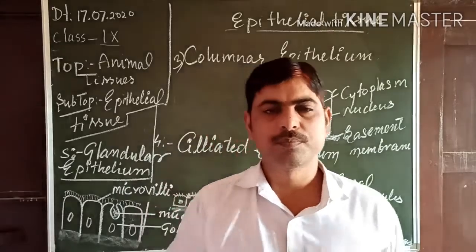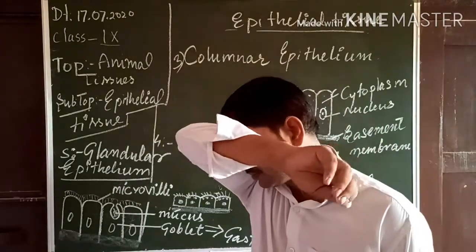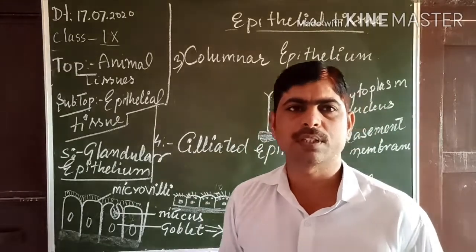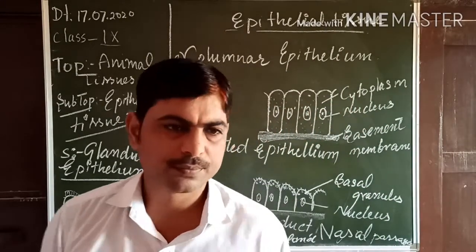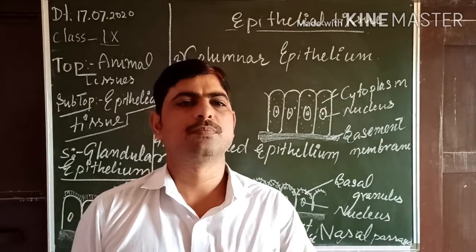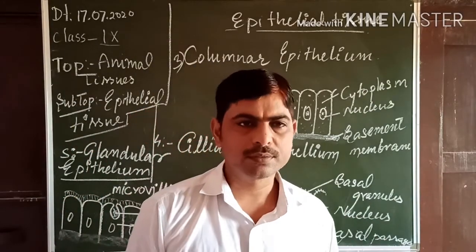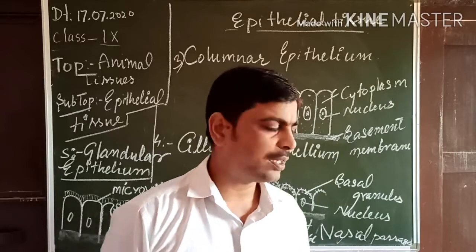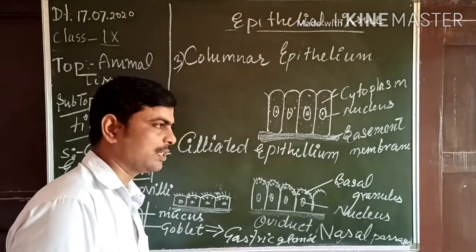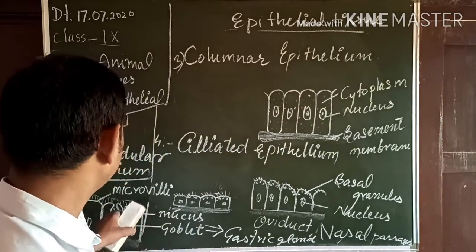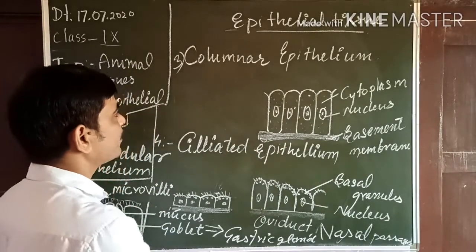This type of gland is secretory in function, and they are found in regions where secretory functions occur, like the pancreatic glands. So these are some examples of the locations of glandular epithelium.